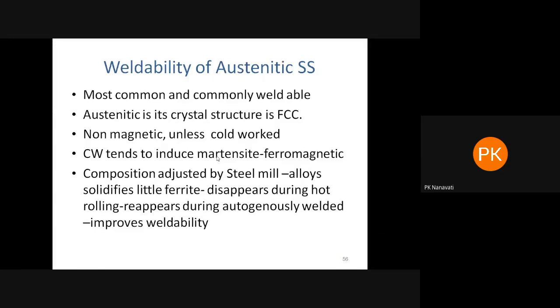But when it is cooled down, either through autogenous weld, or when the finished steel product cools down, this ferrite will again appear in the microstructure. So we will discuss the role of ferrite, the small amount of ferrite in austenitic stainless steel. It has a big role to play, right? So now that is the introduction about the stainless steel, right?